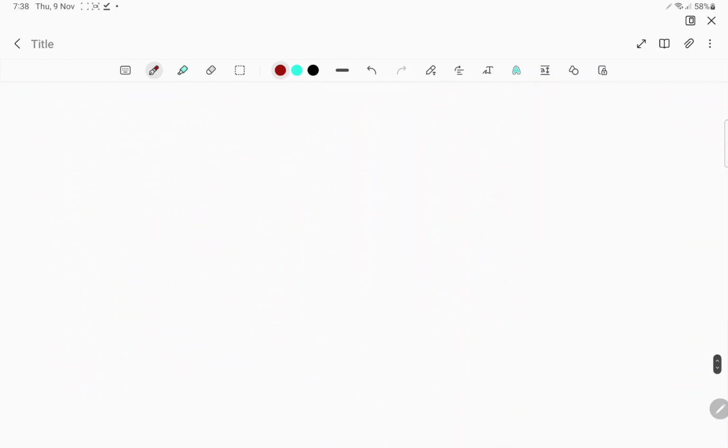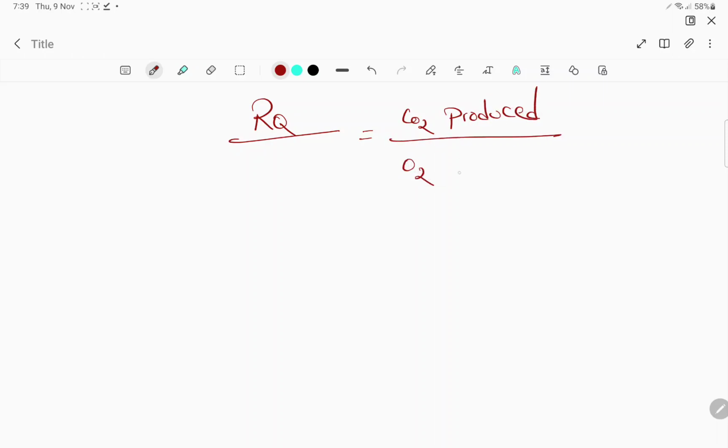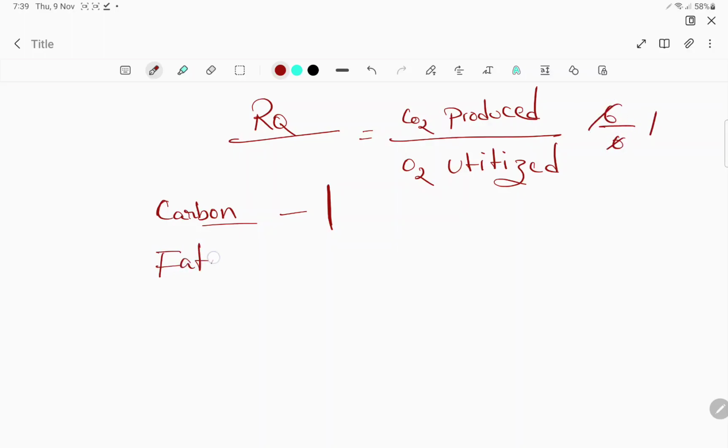Next we have RQ, the respiratory quotient. It is the amount of carbon dioxide produced divided by the amount of oxygen utilized. Remember one very important mnemonic: carbon dioxide, carbon means 1, so for carbohydrates 6 by 6 is 1. Fats: write F in this way, 7, so 0.7.